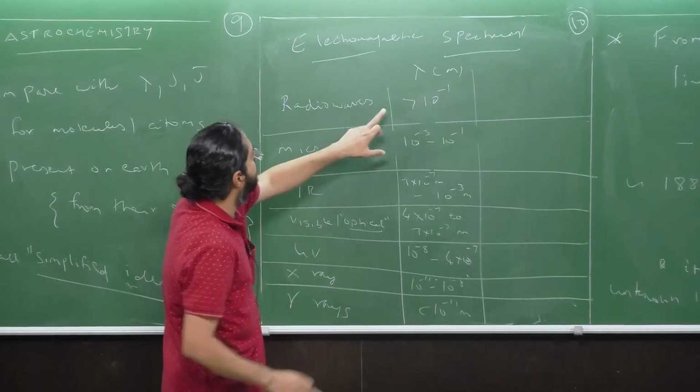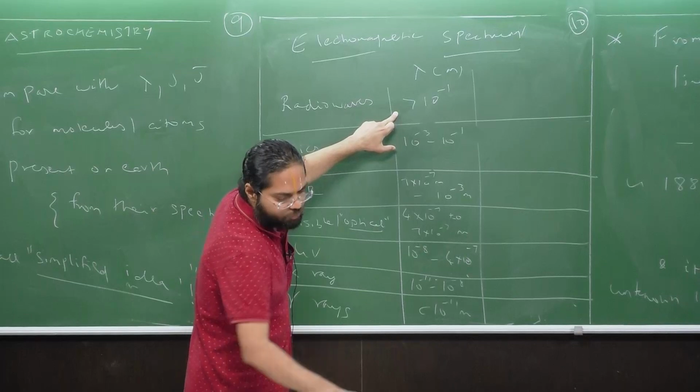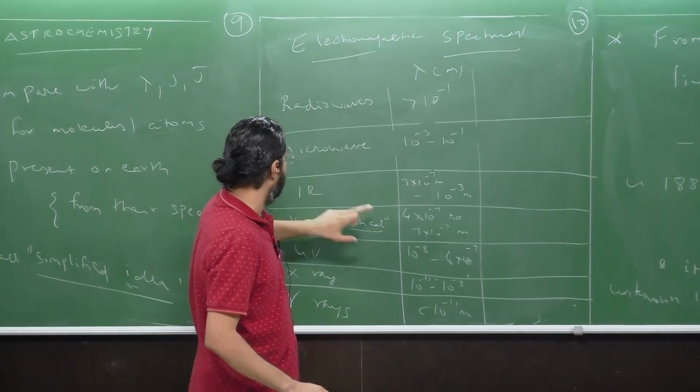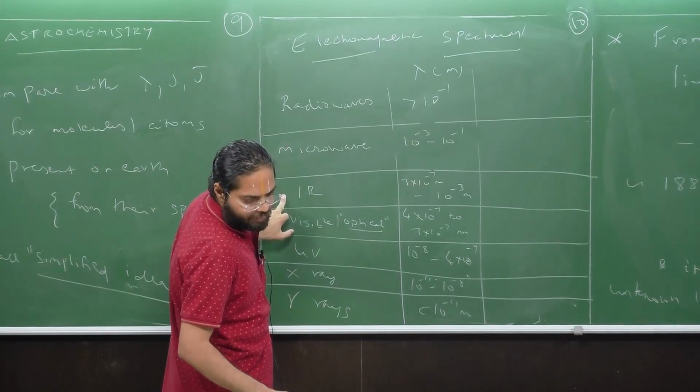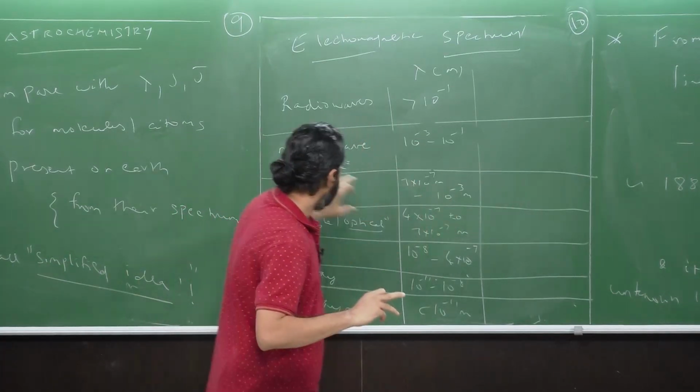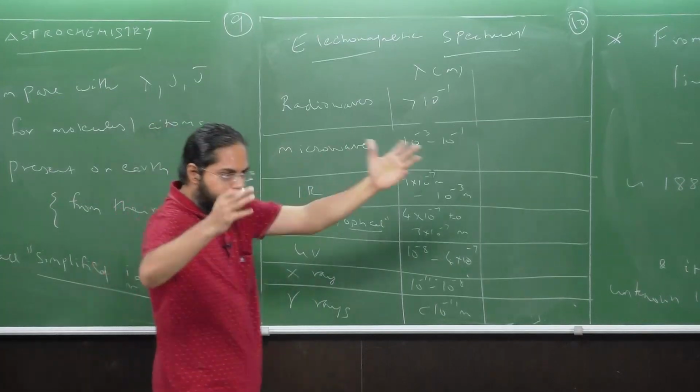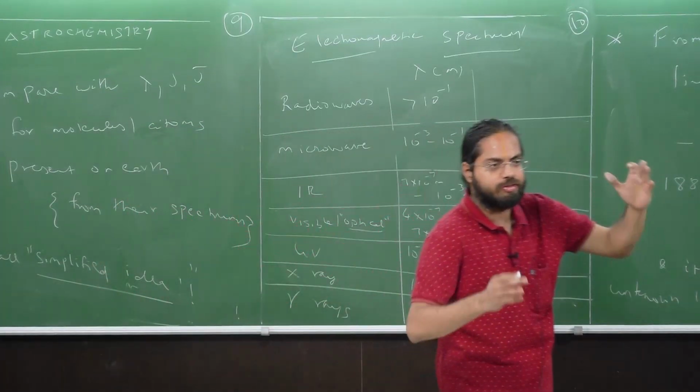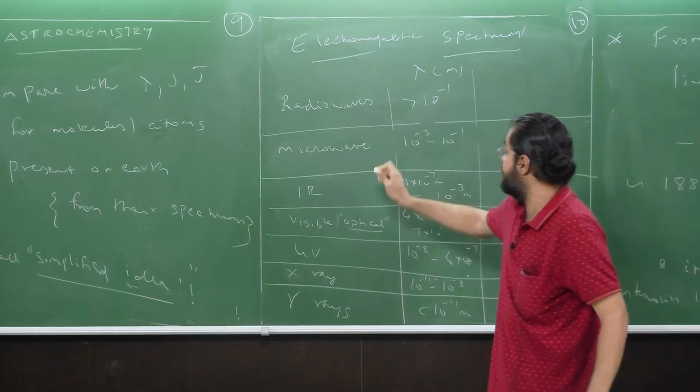So I'll just verify if the numbers are correct. For radio waves, it's greater than 10 to the power minus 1. The microwave is 10 to the power minus 3 to 10 to the power minus 1. For the infrared radiation, it is 7 into 10 to the power minus 7 to 10 to the power minus 3. In fact, the IR region itself can be decomposed into several regions, the near IR, far IR, etc., and the range is a lot.